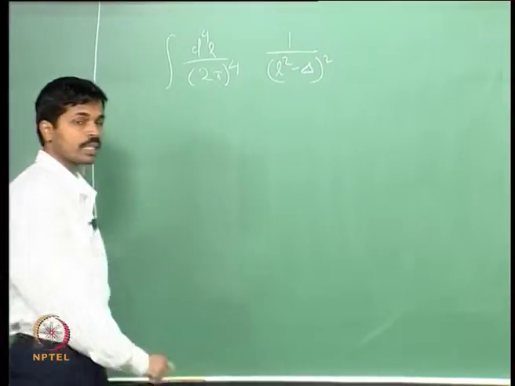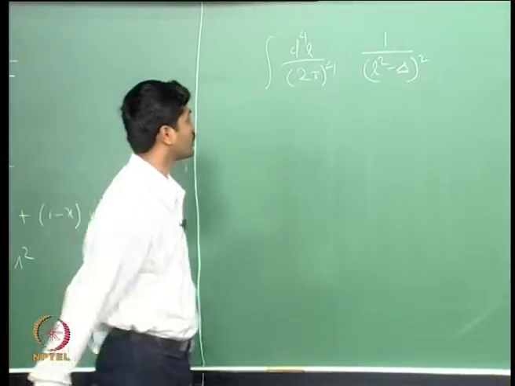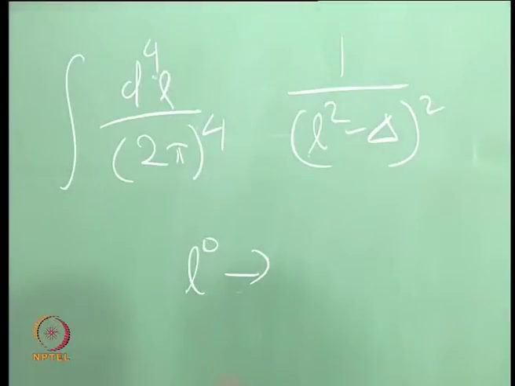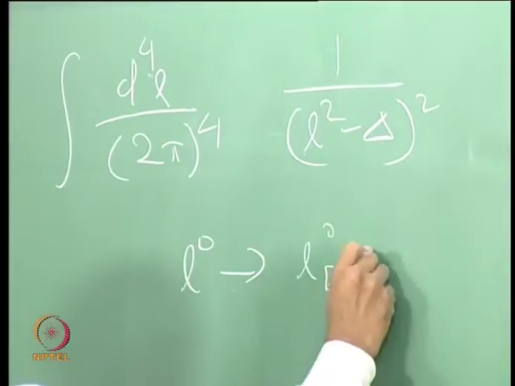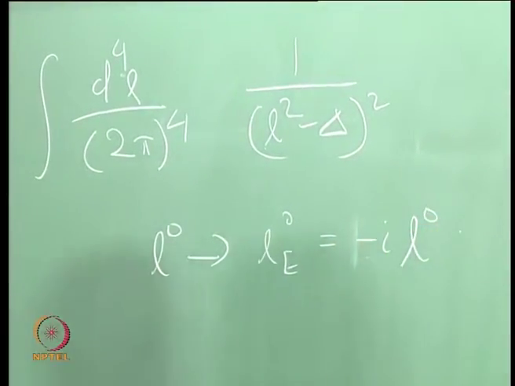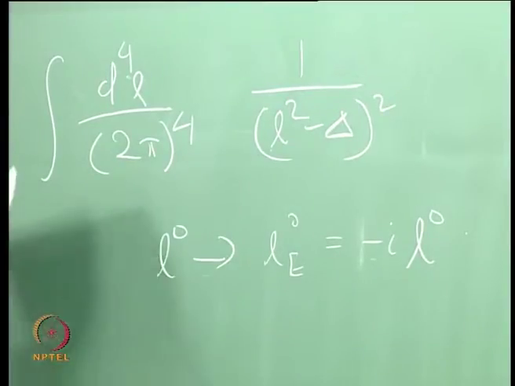I will Wick rotate this. So what I will do is that instead of L 0, I will just write it as L E 0, which I will denote as minus i L 0, and then I will do the integration in the Euclidean space.